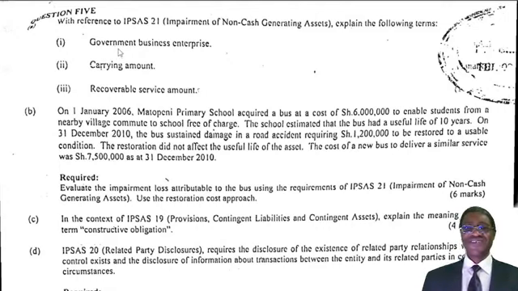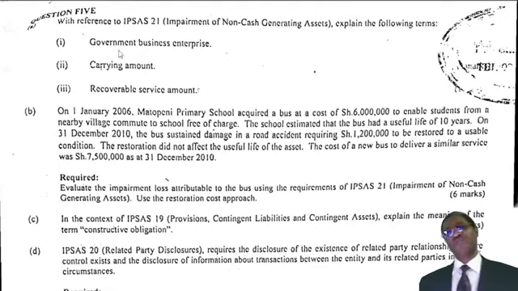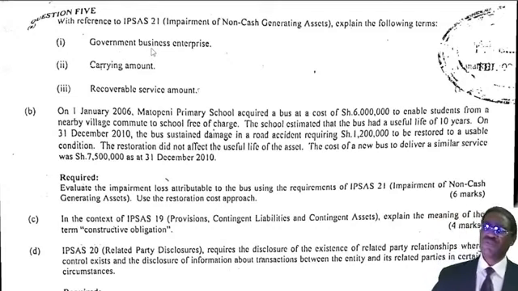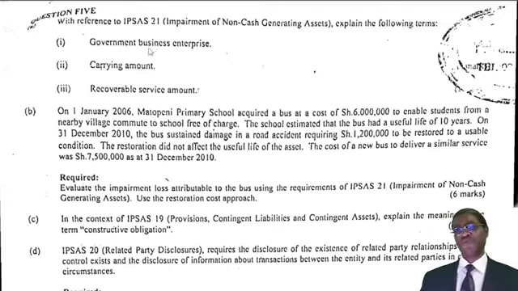Now, it's obvious. When you see the words government, enterprise and business, one should be able to tell something. This is an enterprise which is owned by the government. And when you see the word business there, you all know the aim of a business is to make profit.